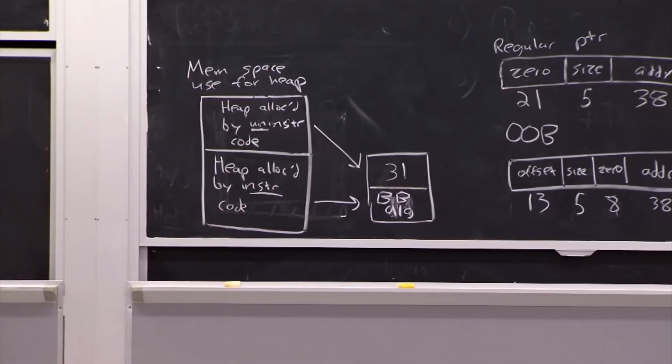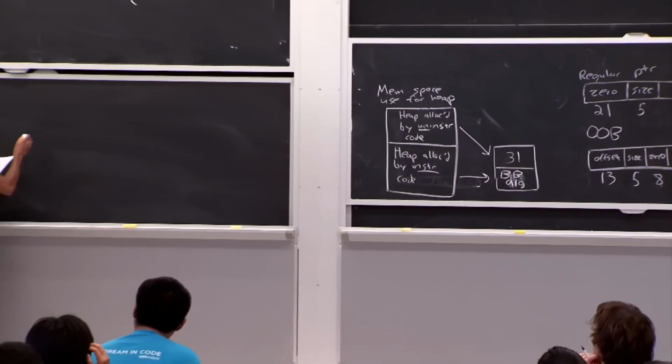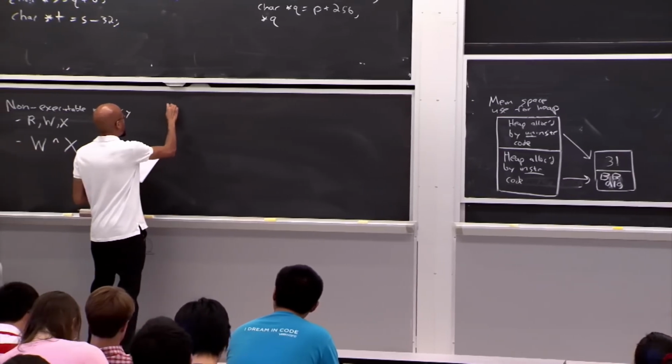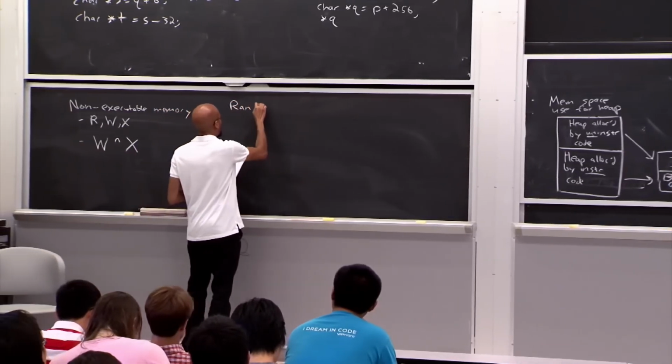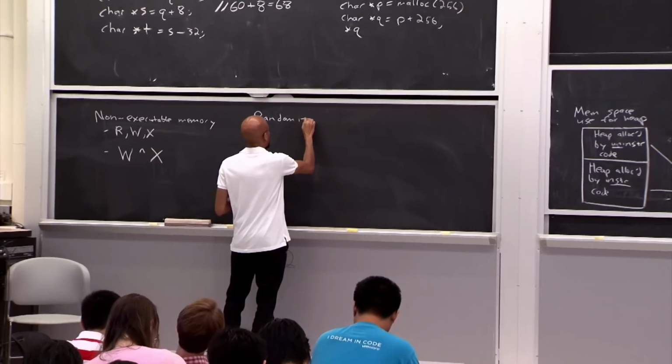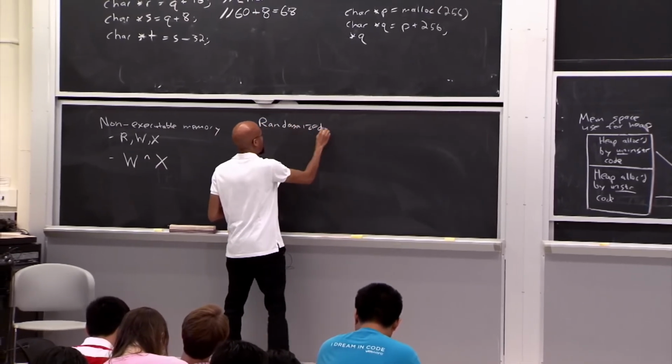And so another technique you might imagine for protecting against buffer overflows is using randomized addresses or address spaces.